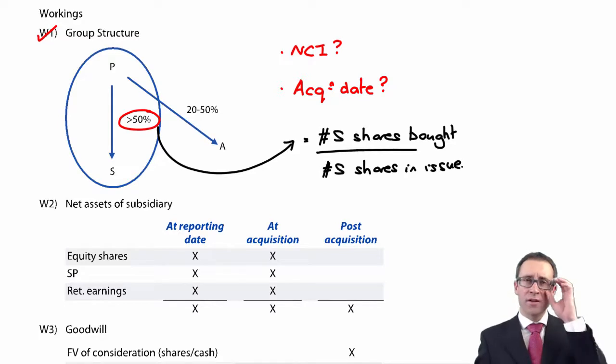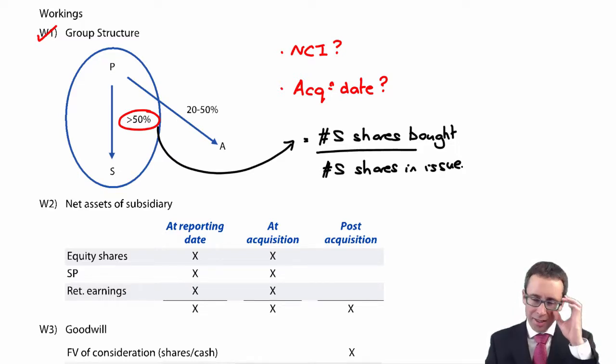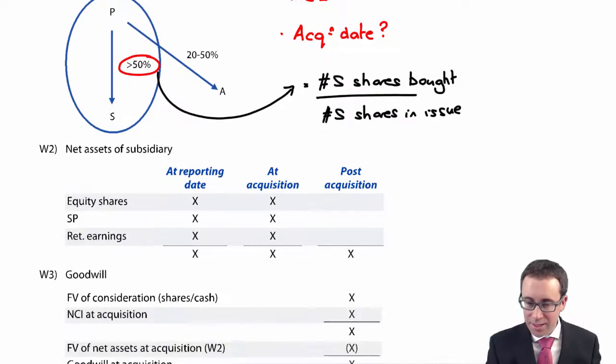So if I bought 75,000, and there's 100,000 in issue, I own 75%. Most questions I've seen, particularly in the trial or the mock exam, tend to give you the percentage, but just in case.